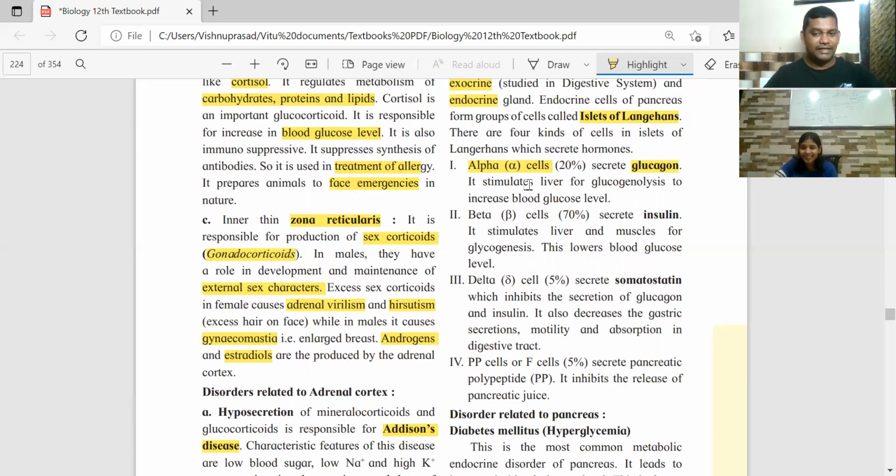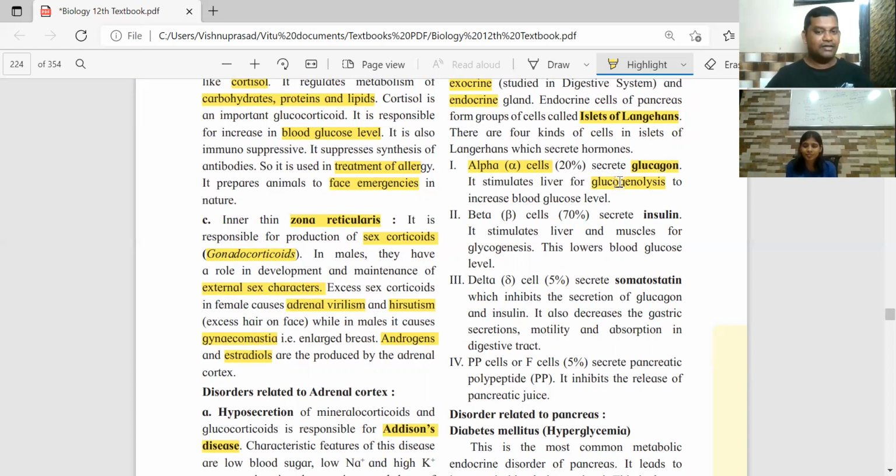It will stimulate the liver to do glycogenolysis. The extra glycogen stored in the liver, the reserve food material, is broken down to produce glucose and put into the blood. So blood glucose increases.